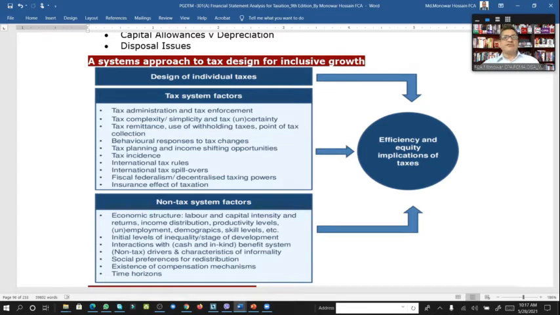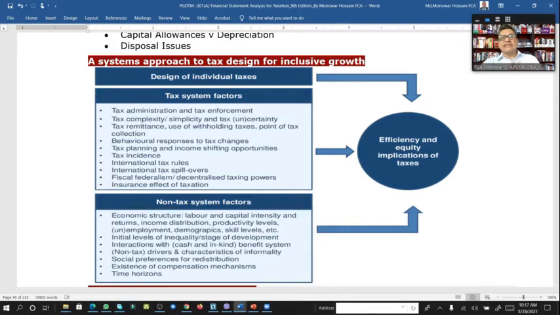We always have to consider these when we go for a business plan or an investment in capital budgeting, capital machinery, etc. So we have to think about the tax consequences, that is, how tax affects these, tax complexity, simplicity, etc. Tax inclusion need is a factor for a good system, and non-tax system factors are the economic structure, with labor and capital, etc. as the inputs of production.